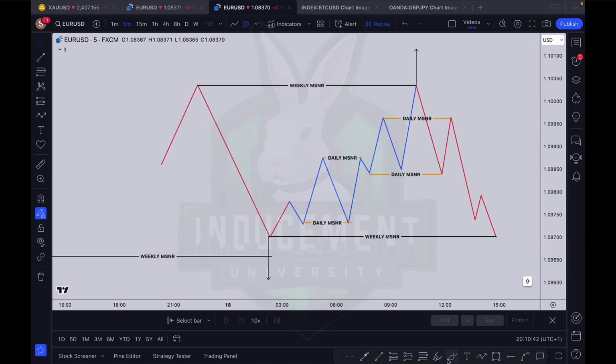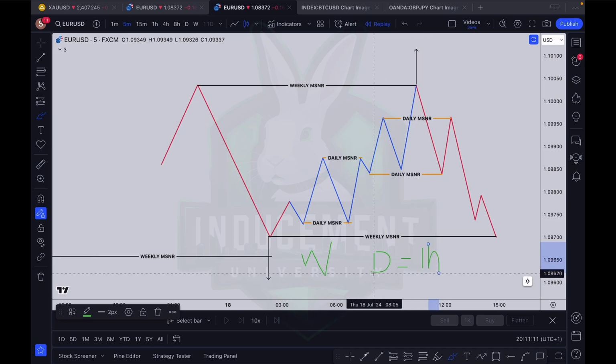However, we also need to see a QM. I know this is funny because we do look for QMs for liquidity. However, when we run into a level, we are looking for a QM on a higher time frame to confirm that we're going in that direction. Now, what are we looking for? If we're looking at a daily level, we need to see an hourly, the H1 QM, but if it's a weekly level, we need to see a daily.